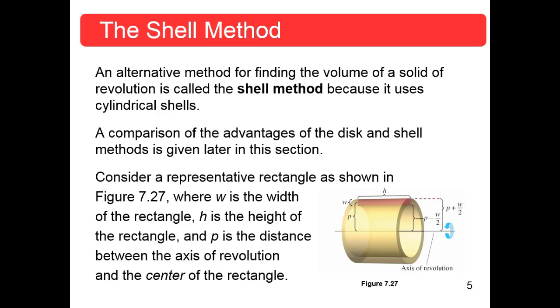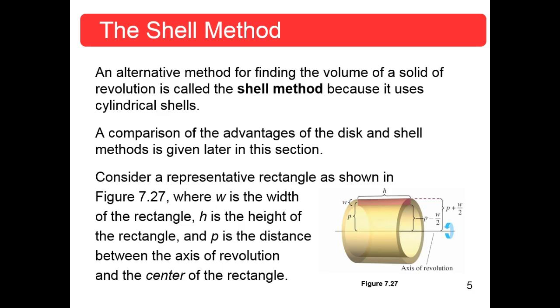Let's take that shell and flatten it out. Now the thickness of that is W, and the width of that is H. And the length of it, when you flatten that out, is the circumference of this thing. What's the circumference of that?